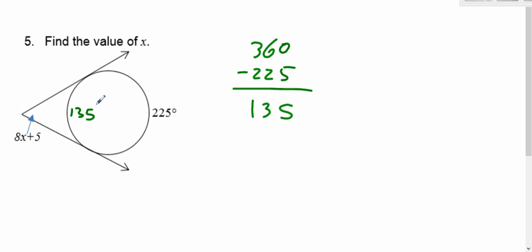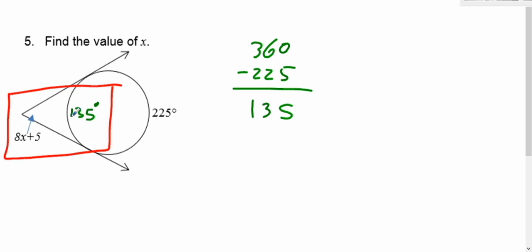And then you have your choice of two formulas. You can use the angle equals the big arc minus the little arc divided by 2, or the angle and the little arc will always add to 180. Take your pick.